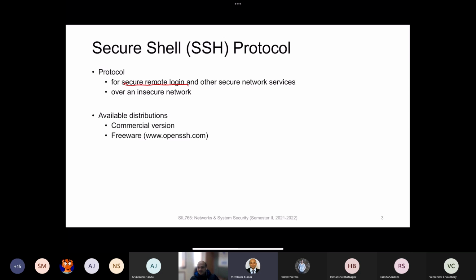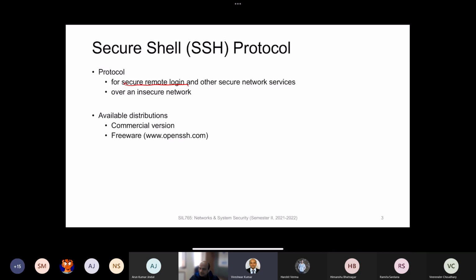I showed you an example of my GitHub account where I had created these keys, and then I had shared my public key with the GitHub account, and then I was able to push my code very easily. So that is one example of utilizing the SSH protocol.